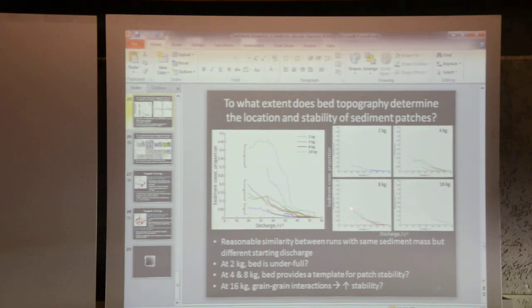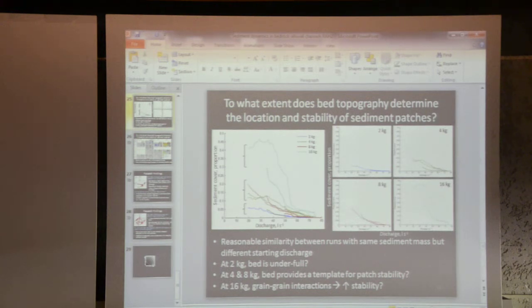You can see that we've got a line here which starts at 20, another experiment here that starts at 35, and another one down here that starts at 50. And actually, starting at different discharges, if you put the same mass in, they do seem to collapse in some cases to quite a similar trend, which rather suggests that maybe there isn't that much of an inherited effect.